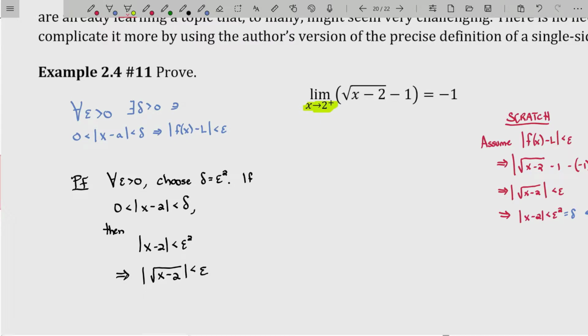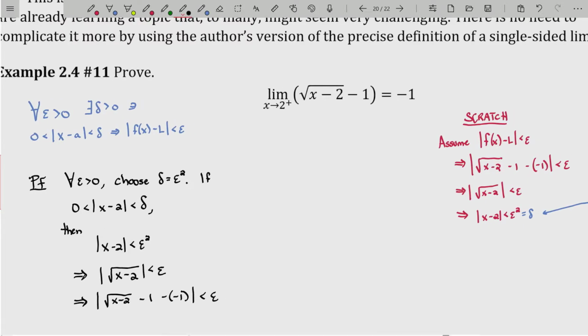I'm not really rigorously justifying this because I think you guys have gone through quite a bit, and I don't mind that you take this little shortcut. Anyway, finally, I will just say this implies the absolute value of the square root of x minus 2 minus 1 minus a negative 1, because I'm copying my scratch work over on the right hand side there.